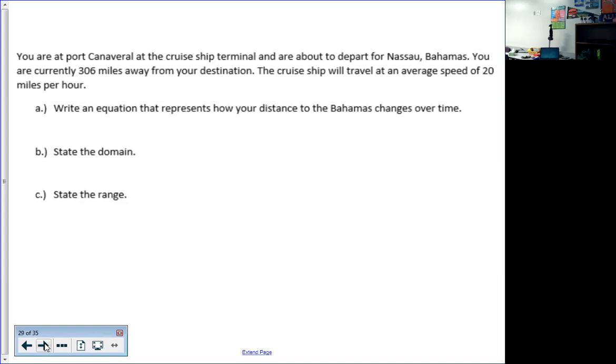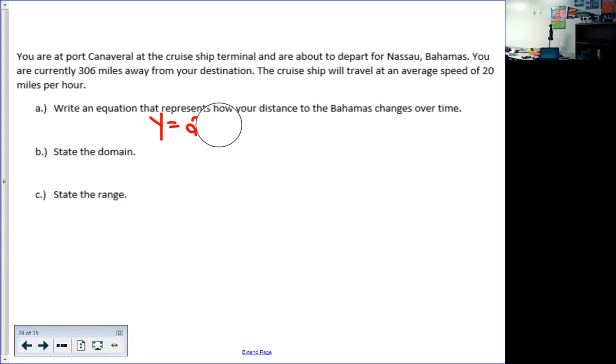Okay? How is it changing? So, y here. What's my y represent? How your distance to the Bahamas changes. So I gotta know my distance. What's my distance to get to the Bahamas? My y equals 20x.